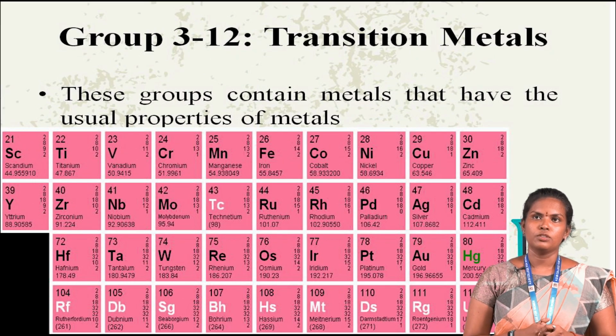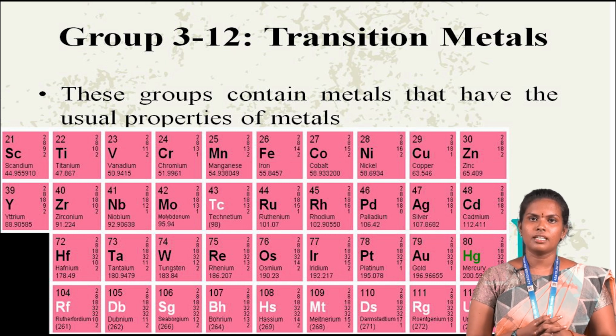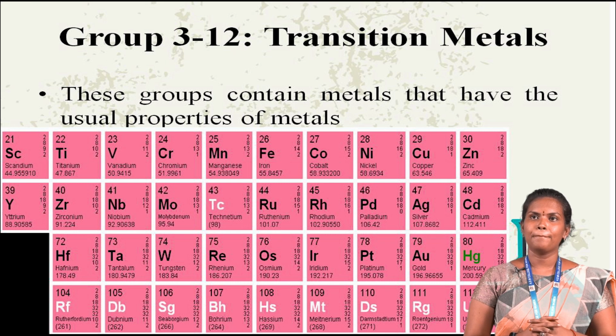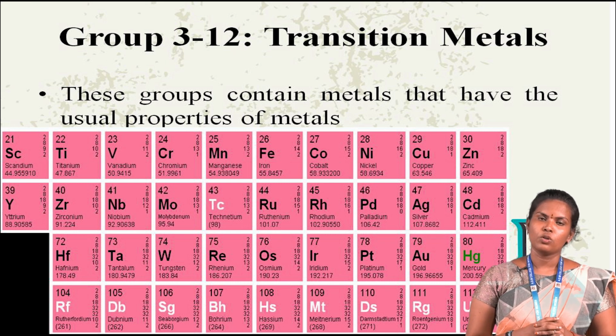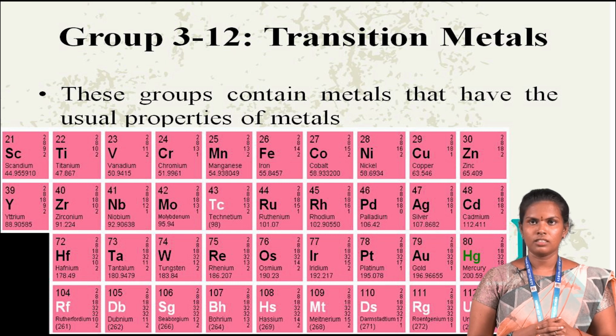Group 3 to 12 is transition metals. For example, scandium, titanium, vanadium, chromium, manganese, iron, cobalt, nickel, copper and zinc.